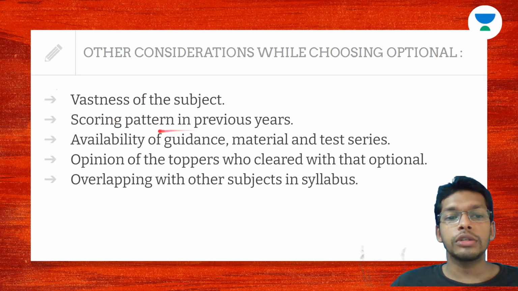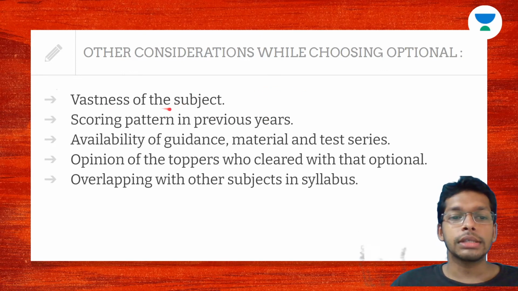And you can also check for the scoring pattern in the previous years. Even though I am mentioning these considerations, let me tell you, these are not the primary or the secondary considerations. These are lower level considerations, which might matter only 5% while choosing the optional.